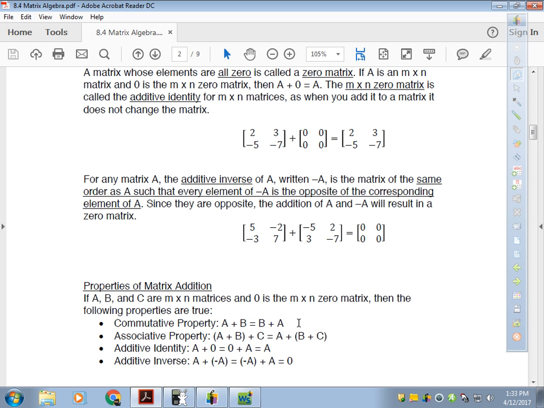Additive identity we just talked about. When you take matrix A and you add 0, you get A. Or if you take 0 and you add the A matrix, you still get A. And then additive inverse we just talked about. When you take A plus the additive inverse, you get 0. Or if you take the additive inverse and add A, you also get 0.